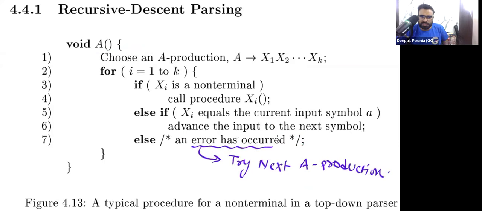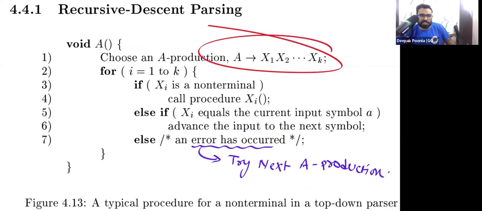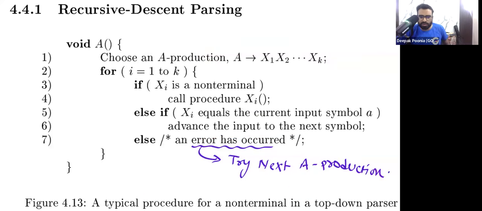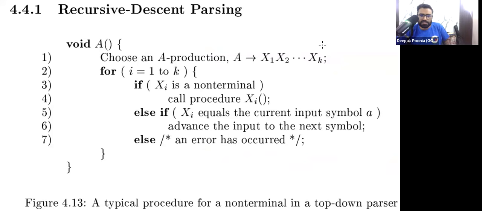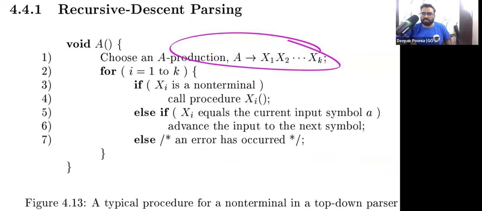You can see this error is not a permanent error. This is basically a local error, that this production has failed, so try the next production. And the same thing is written here. First, we cannot choose a random production. In the first line, you are choosing a production, and you cannot choose a random one.